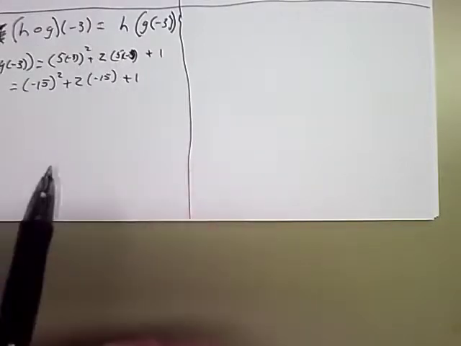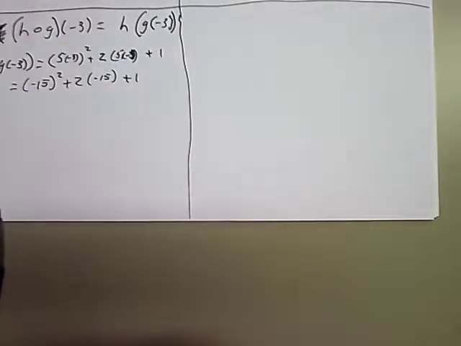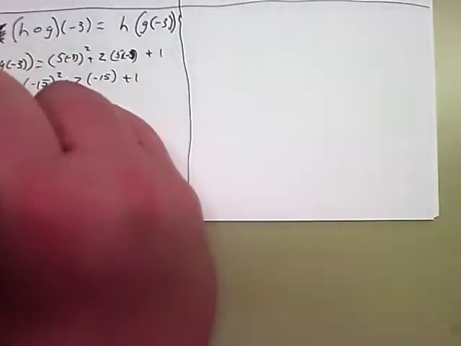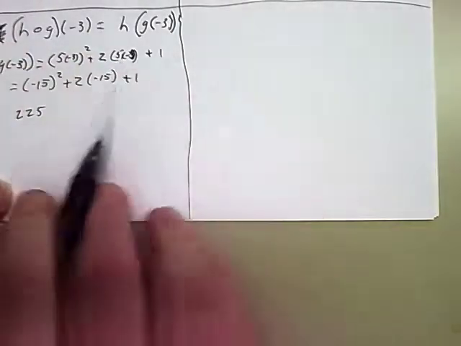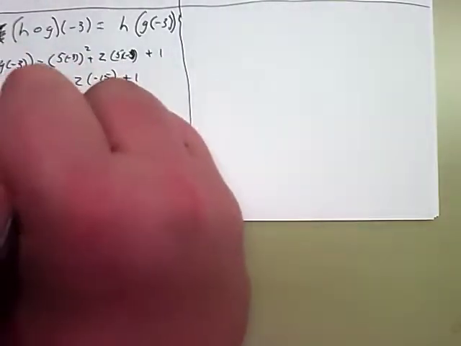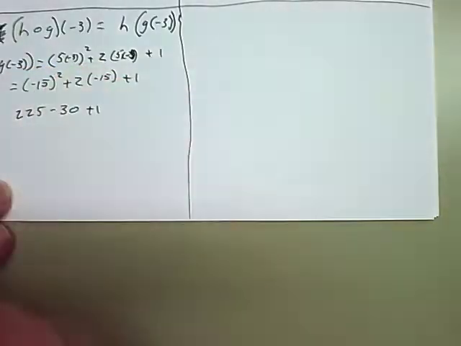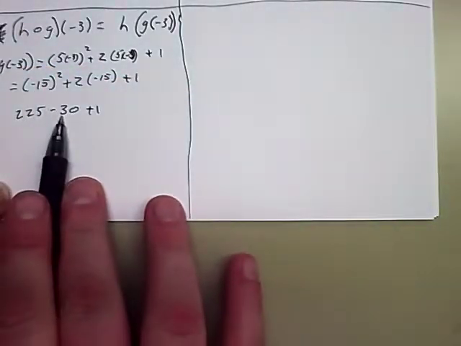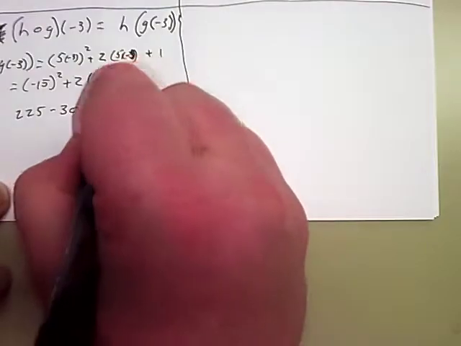I need a calculator here. I am not good with anything over 14. I am awful. 225. All right, so here we get 225. 2 times -15 is going to be -30 plus 1. 225 minus 30 is 195, plus 1 is 196.